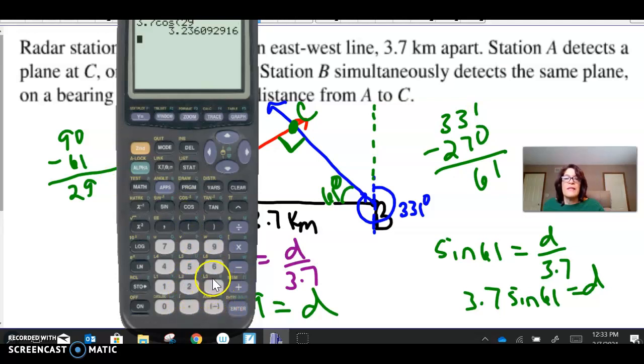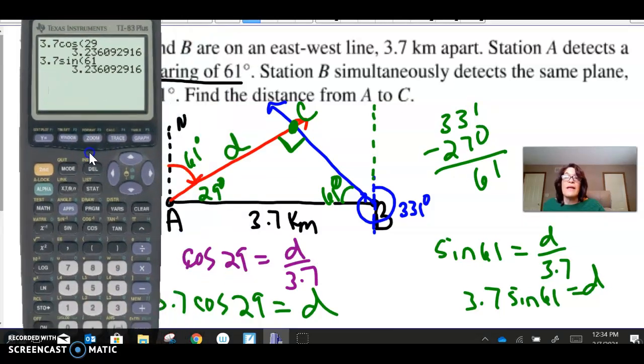And others of you are going to take 3.7 times the sine of 61. And all of you are going to come to me and say, the length is 3.2. It didn't tell me what to round to, but I noticed that everything's in 2 significant digits. So I'm going to have my answer be 3.2 kilometers.